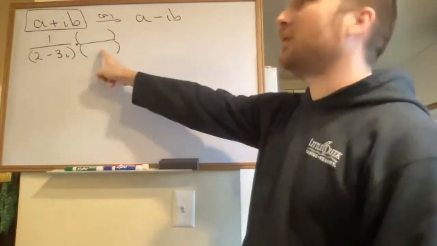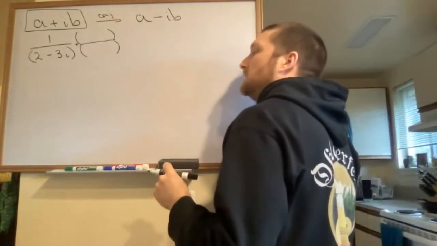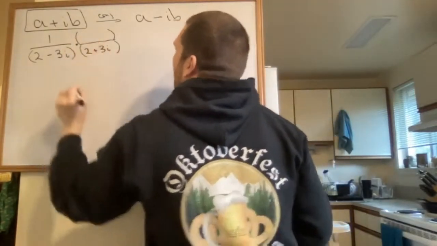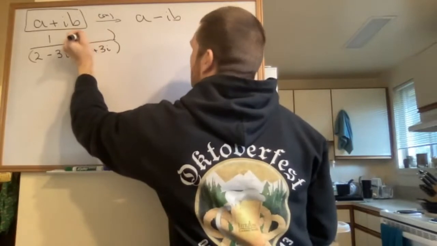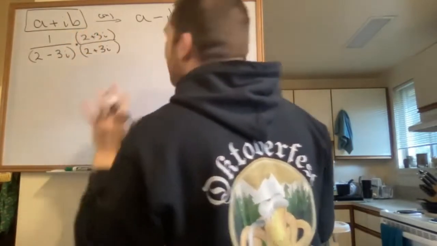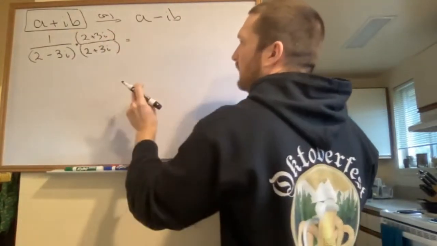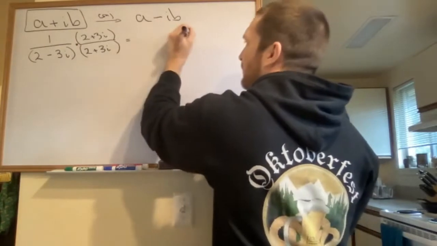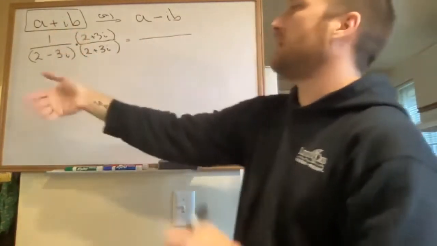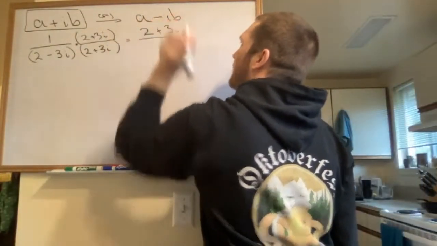And so what do I need to write in here? 2 plus 3i. And what goes in the numerator? Everything. The exact same thing. It has to. Otherwise, I've just changed everything. I'm just going to take care of the numerator in one fell swoop because that's easy. 1 times a number is just whatever that number is. So we have 2 plus 3i.